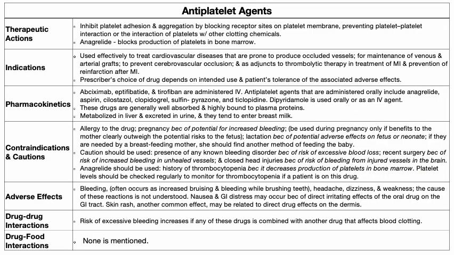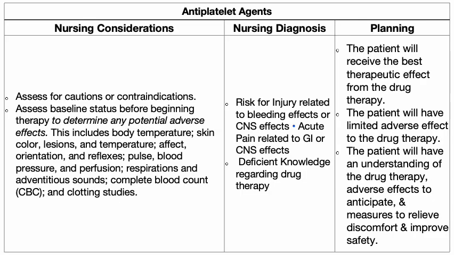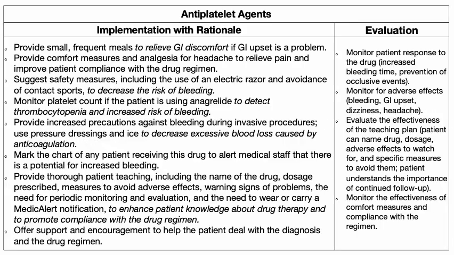And then we have here antiplatelet agents with their corresponding therapeutic action, indications, and so on. These antiplatelet agents decrease the formation of platelet plaque by decreasing the responsiveness of the platelets to stimuli that would cause them to stick and aggregate on the vessel wall. So you have there the corresponding nursing considerations, diagnosis, and planning.